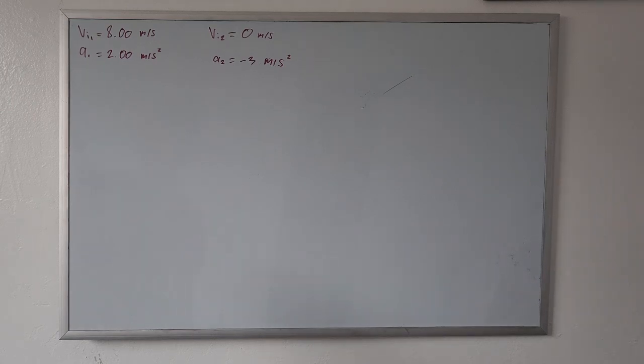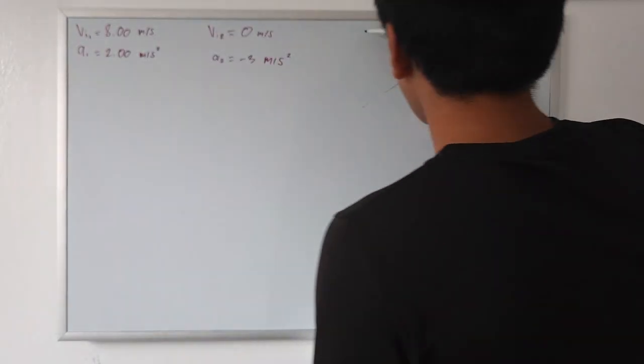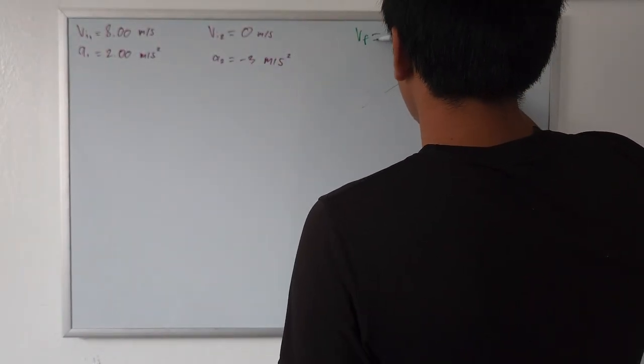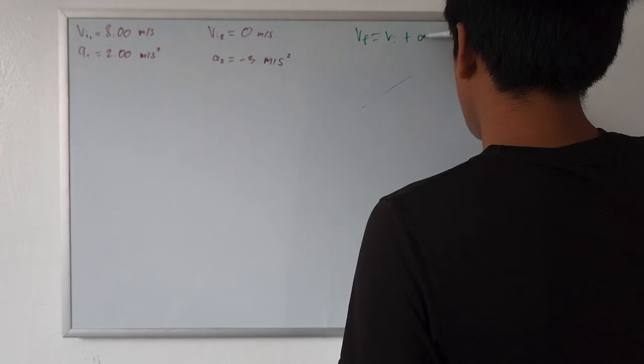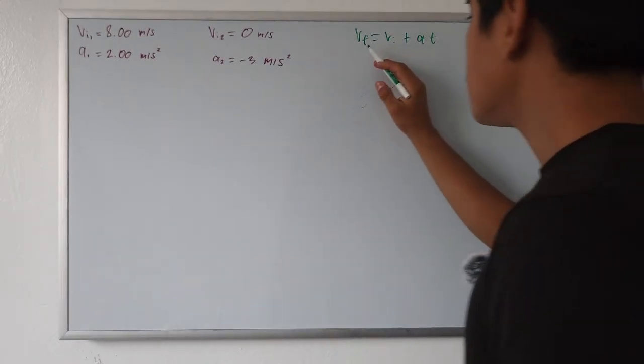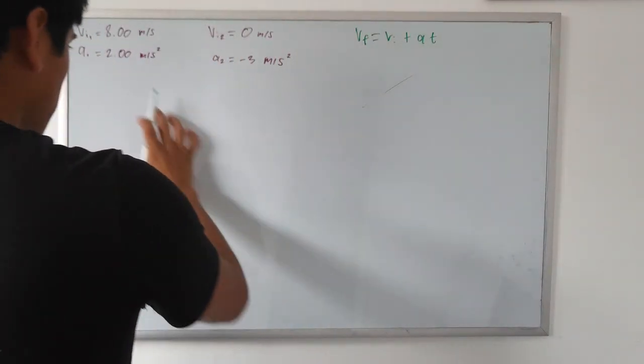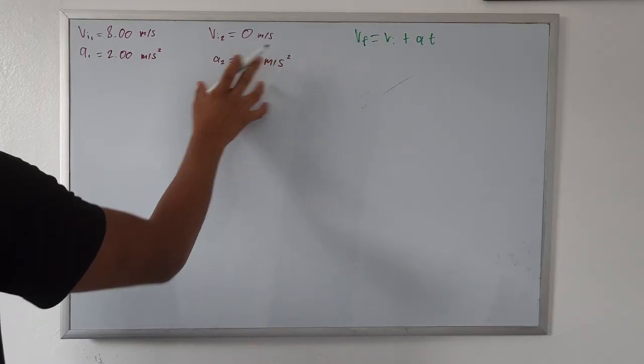So the first thing we want to do is set up velocity equations for both of these. We know that velocity final equals velocity initial plus at. This is the equation that we're going to use to set up equations for these.